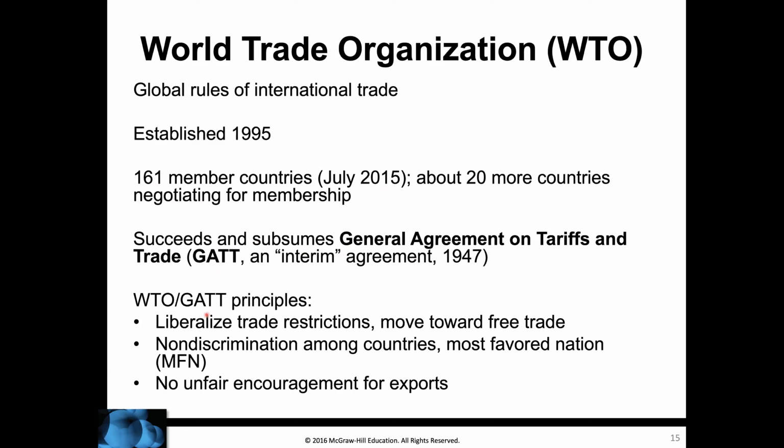The WTO or GATT principles are to liberalize trade restrictions and move towards free trade, non-discrimination among countries, and no unfair encouragement for exports. So these are general principles that, based on our economic theory, would make the world a better place economically.